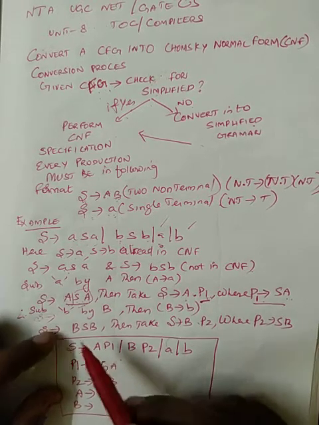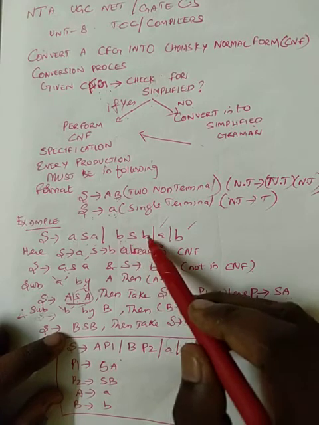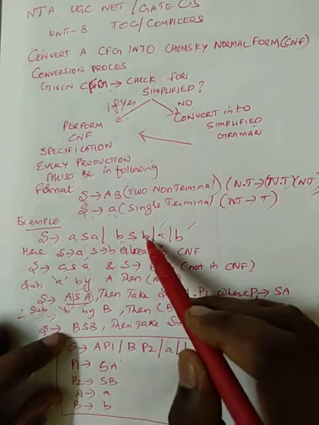And like that, b, S, b: small b, capital S, small b.